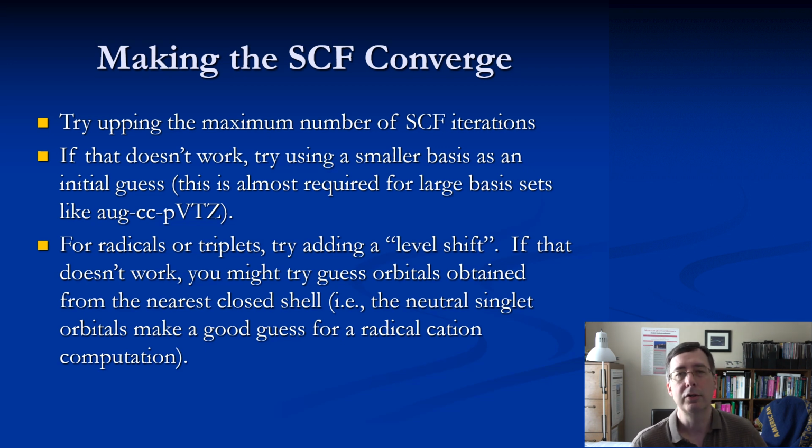If I have an open shell, maybe it's a triplet state or diradical or something, I can sometimes add a level shift to the calculation, and that can help. Sometimes it's useful to run a calculation on the corresponding closed shell version of that molecule and then save those orbitals and then load those up as guess orbitals for the open shell calculation.